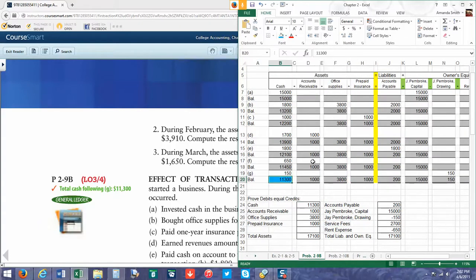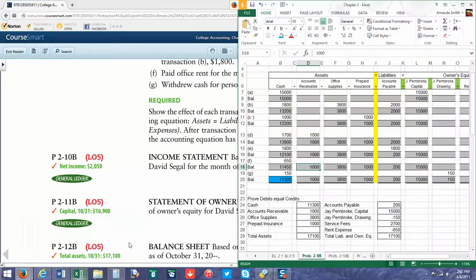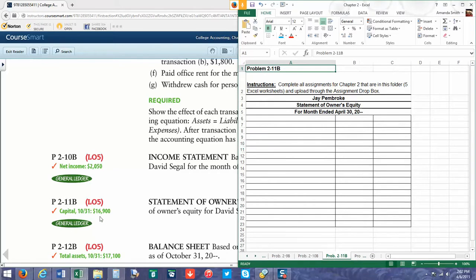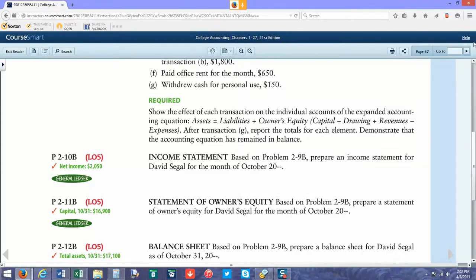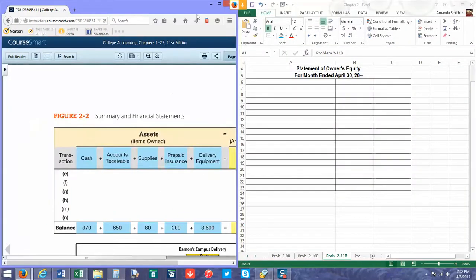It's another way to make sure that we're on the right track. And if you scroll down for 2-10, it says our net income should be $2,500, which is what we have listed. Our capital for 2-11 should be $16,900. And then our total assets should be $17,100 for 12. So let's go back to the financial statements and complete this statement of owner's equity to make sure that we're on the right track.